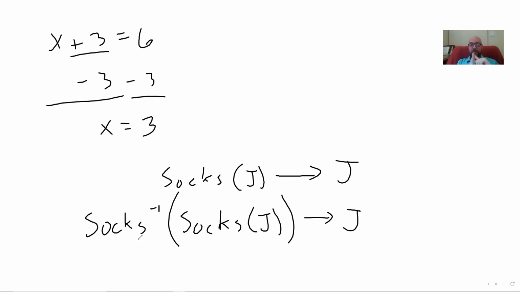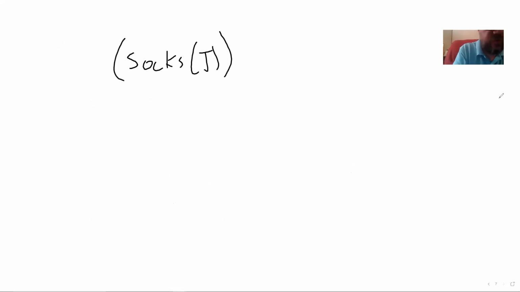That brings me to my next point, which is, what if I wanted to undo both things? What if I ran through the socks and shoes machine properly, right? So I put on socks, and then I went into the shoes machine and got shoes put on me. What if I wanted to undo that?